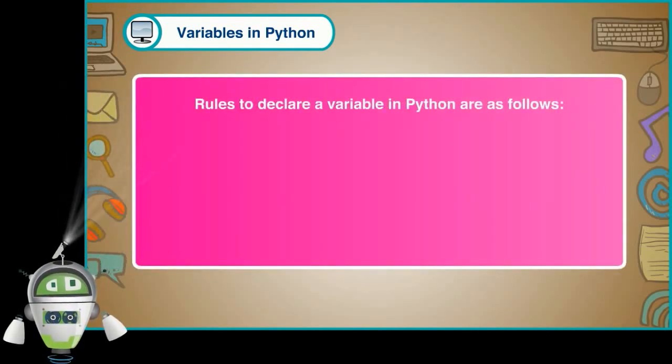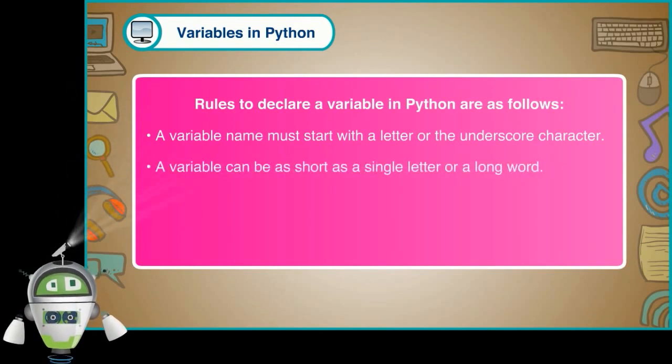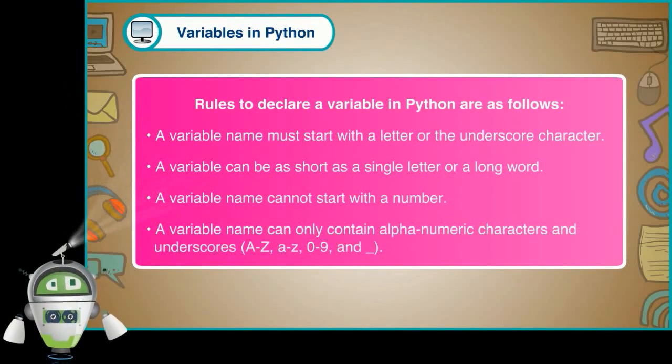Rules to declare a variable in Python are as follows. A variable name must start with a letter or the underscore character. A variable can be as short as a single letter or a long word. A variable name cannot start with a number. A variable name can only contain alphanumeric characters and underscores, like capital A to Z, small a to z, 0 to 9 numbers, and underscores.